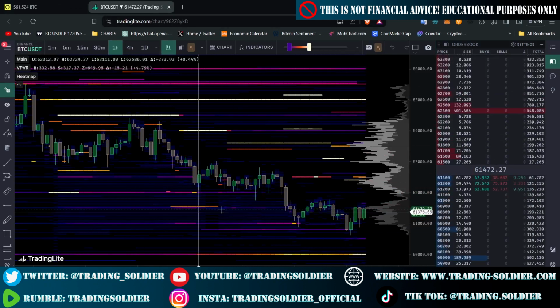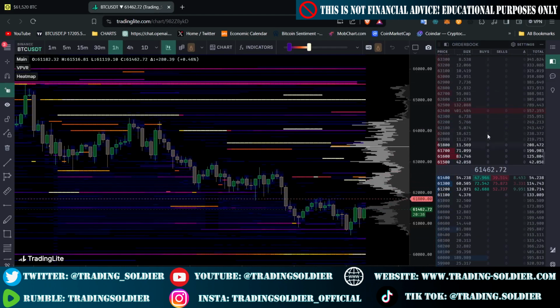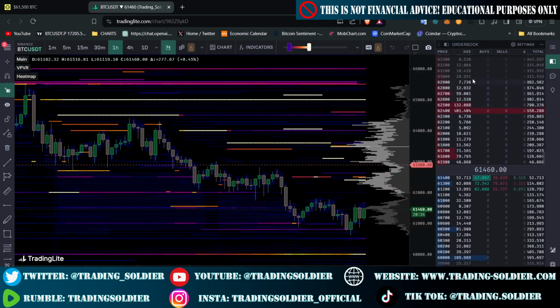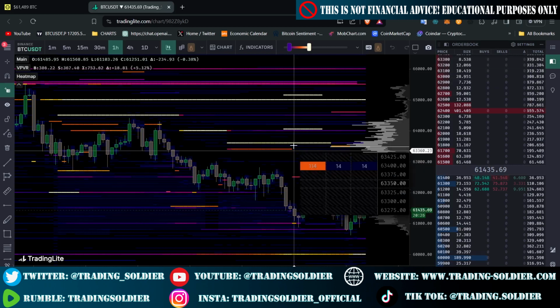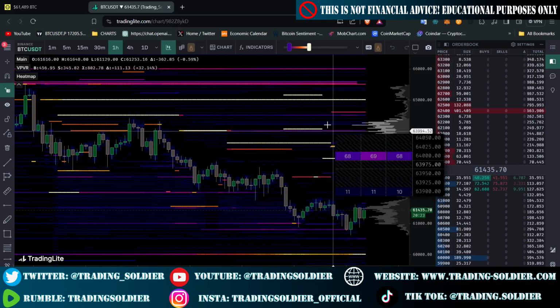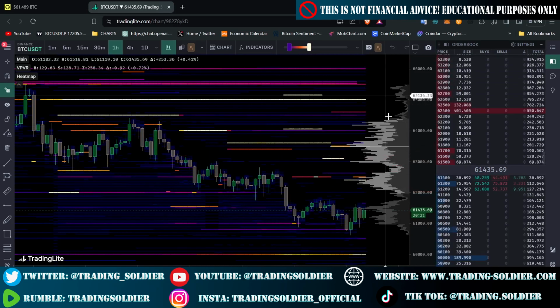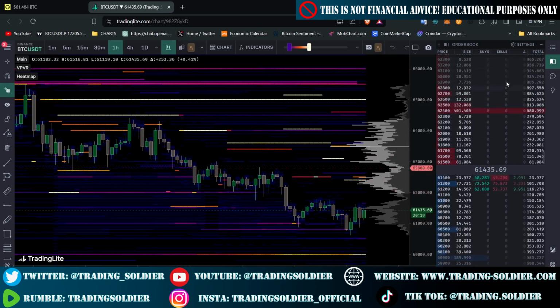The graphical representation of the order book is the heat map. As you can see, here is the order book, and when I go up or down in the bid order book or the ask order book, you see that the levels in the heat map change. So we can assume that the heat map is graphically representing the limit orders that we can find in the order book.